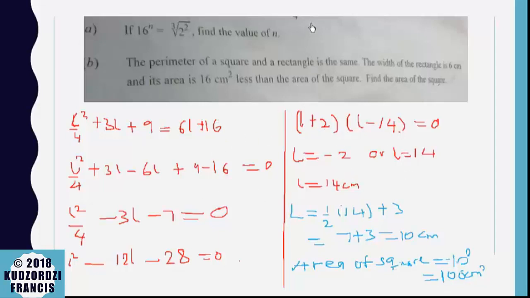The rectangle was 6 by 14. So 6 times 4 is 24, so we have 4 here and the 2, then 6 times 1 is 6. So we are going to get 84. So the area of the rectangle is 84, and the area of the square is 100. 100 minus 16 becomes 84. So that is right.